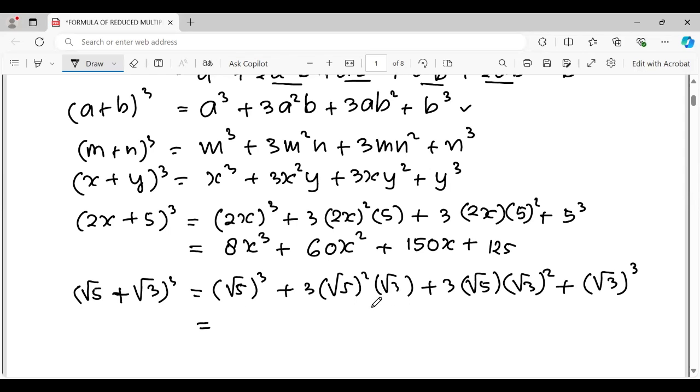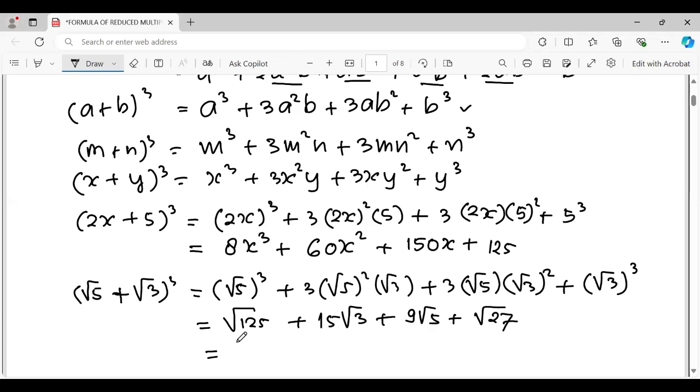So it becomes square root 125 plus, this is 5, 3 multiplied by 5, 15 square root 3, plus this one, 3 multiplied by, this is 3, 9 square root 5, and this is square root 27.